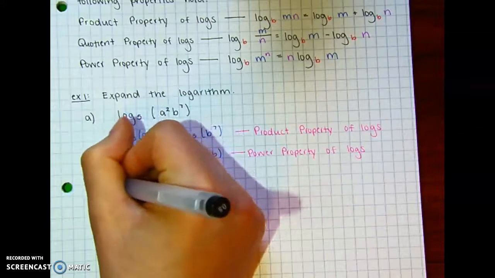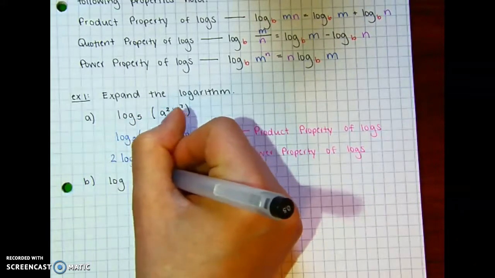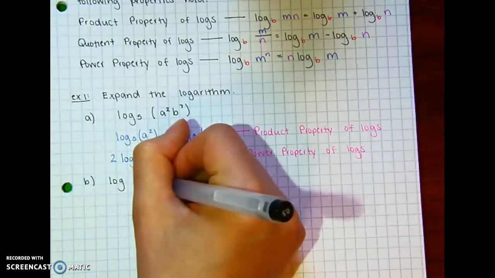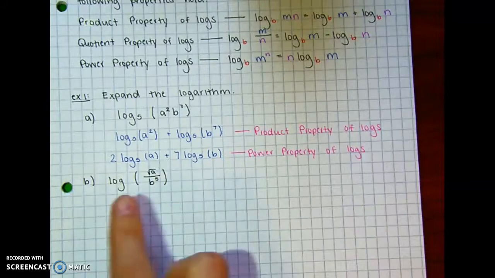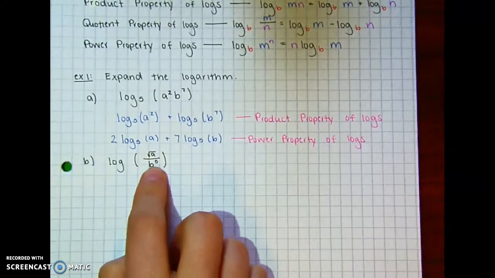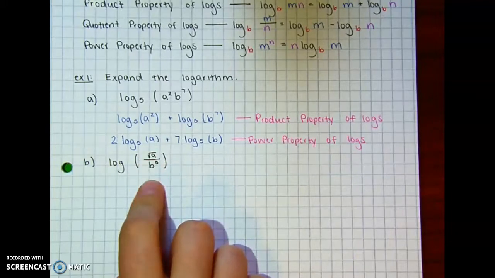Let's do log of the square root of a divided by b to the 5th. So for this one, we have a radical, we have an exponent, but we also have a quotient. So the first thing we're going to want to do is break apart this quotient.